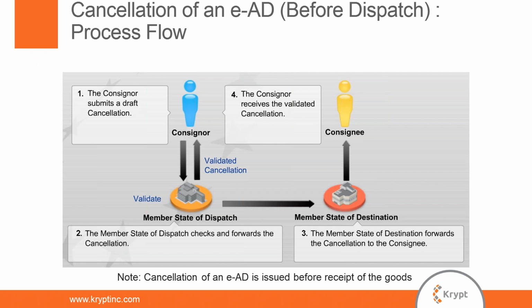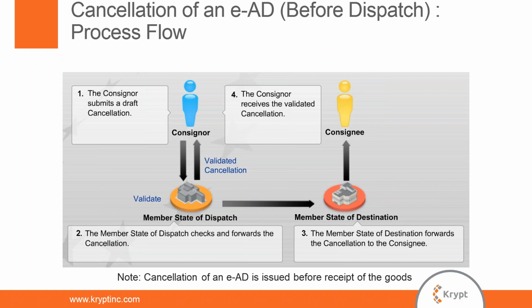So there could be several reasons for canceling the electronic administrative documents. And bear in mind, this can only be sent before the goods have been sent out from the warehouse of the consignor.